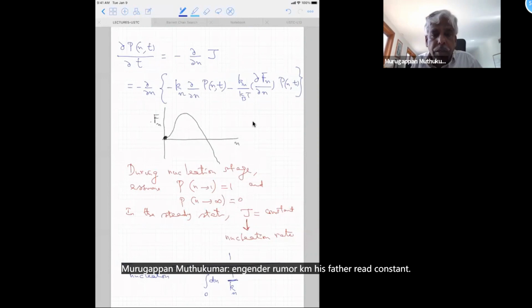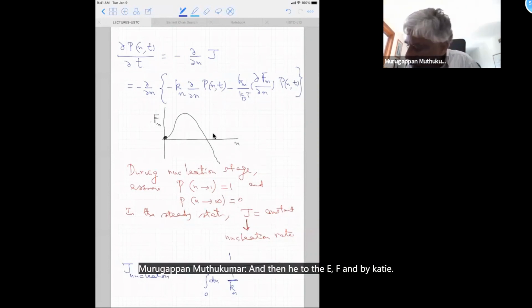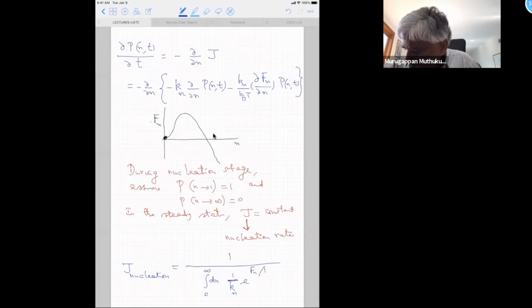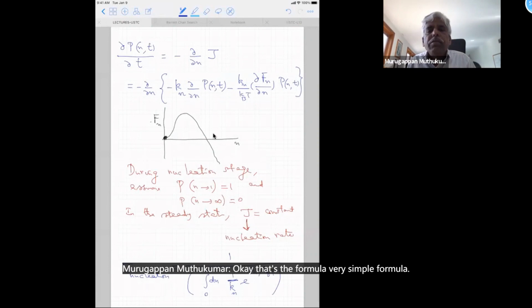In general, remember kn is the forward rate constant, and then e to the Fn by kT. Okay, that's the formula, a very simple formula.